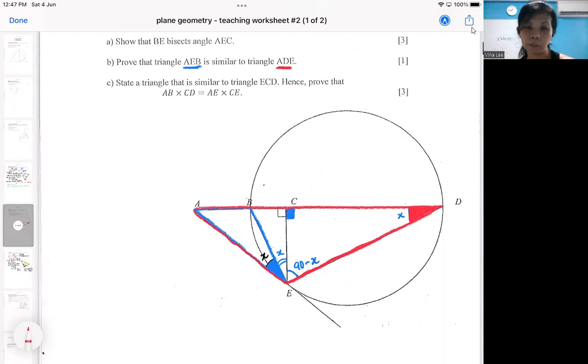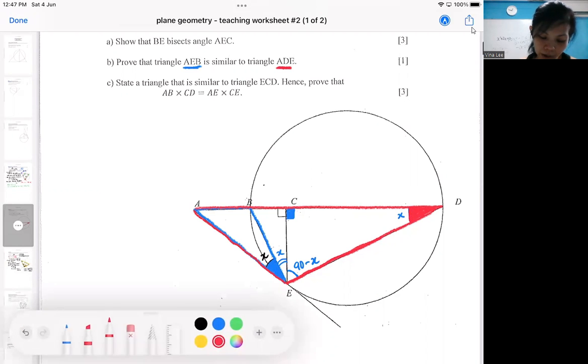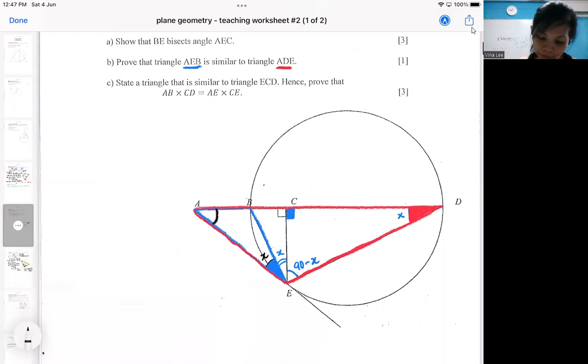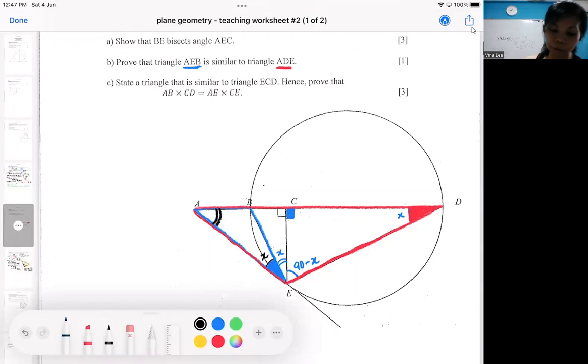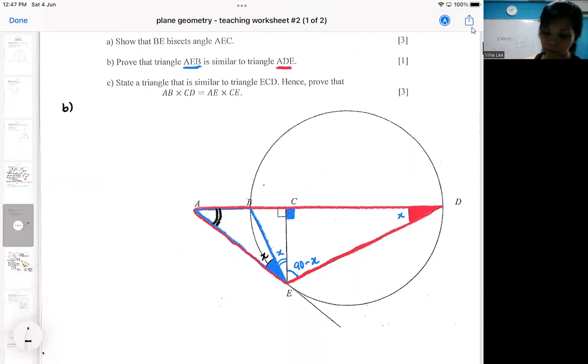So in this proving, I will be using this again. And then we also see a common angle. So that will be sufficient to prove the similar triangle. So we got a common angle.